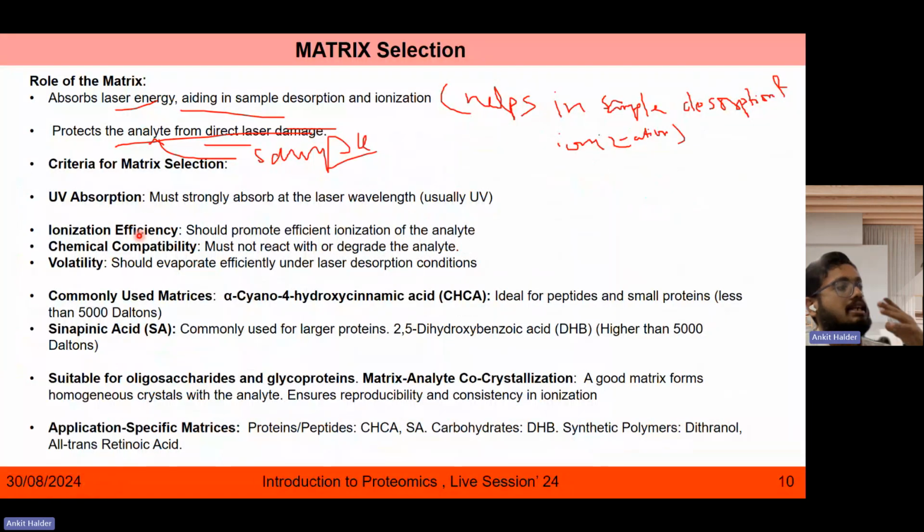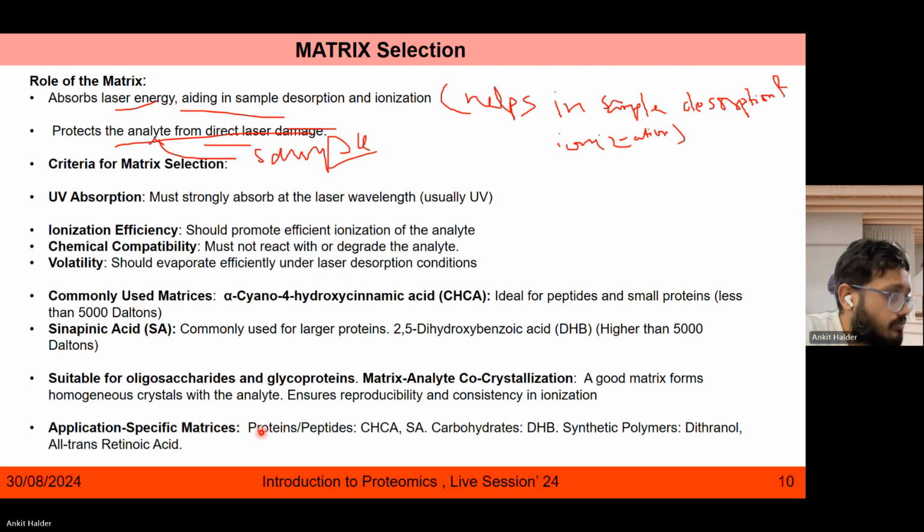Then the criteria is the ionization efficiency, which should promote efficient ionization of the analyte. So it should have a great efficiency for ionization of the analyte.